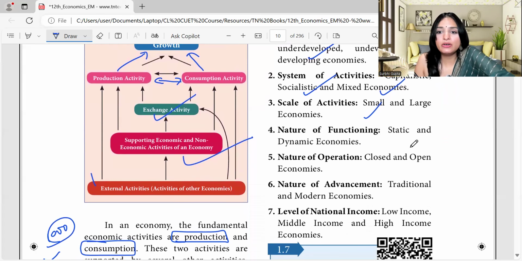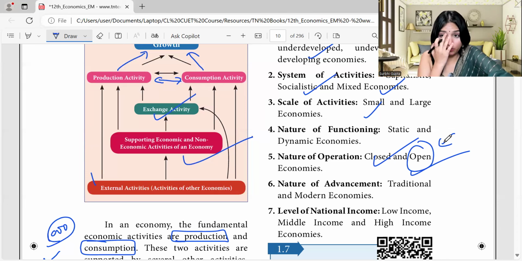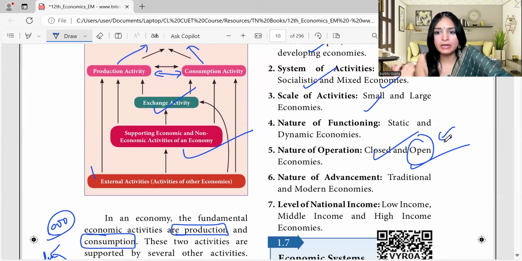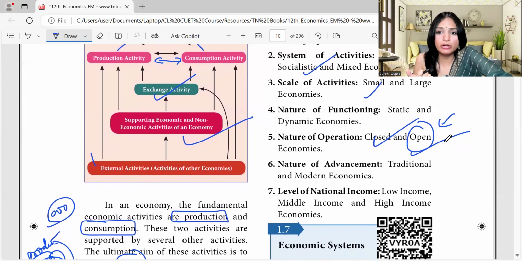Okay, the nature of operation: closed economy, open economy. One economy could be that we'll not import or export, we'll only focus on our economy. The other can be open, dependent on foreign direct investments, and also dependent on many other imports and exports. So that could be an open economy. Then by nature of advancement, one could be a traditional economy, the other a modern economy.